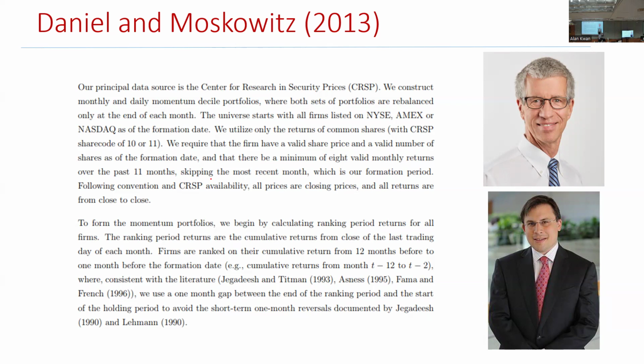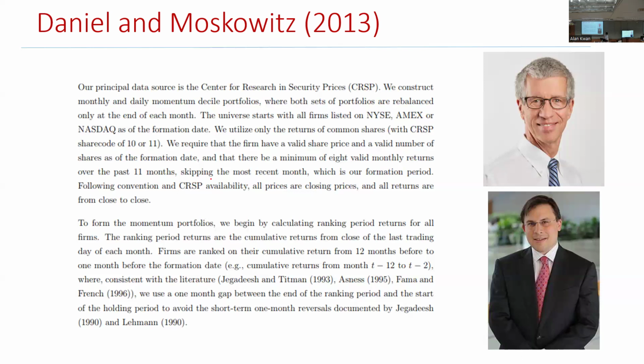They have to have a valid share price and valid number of shares as of the formation date. You could have missing data because sometimes people suspend trading, or it might be a new company. If it's an IPO, it may not have historical data. Okay, so far so good, right? If you translate it to code, basically it means the price last month was not missing. So that's not that hard.